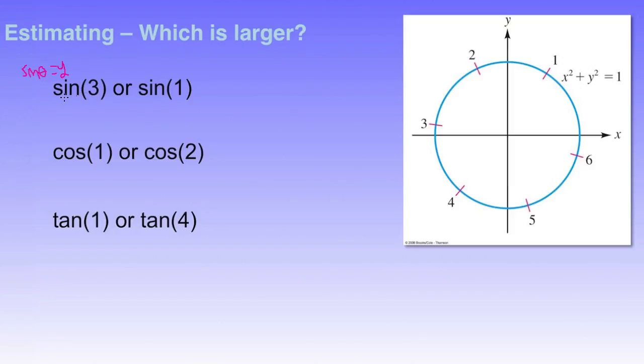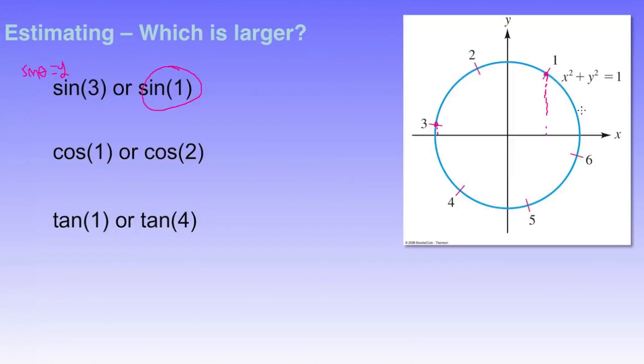So if I want to compare the sine of 3 to the sine of 1, I need to find these points on the unit circle and look at their y values. Which is larger, the y-coordinate at this point or the y-coordinate at that point? Well, I'm pretty sure that the y-coordinate for 1 radian is larger than the y-coordinate for 3 radians, so I'm going to say that one is larger.